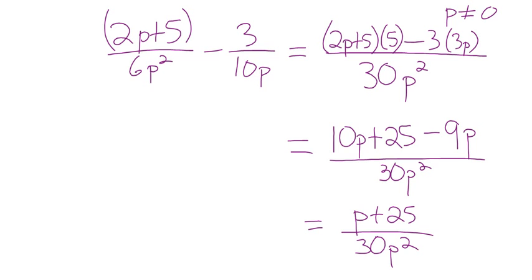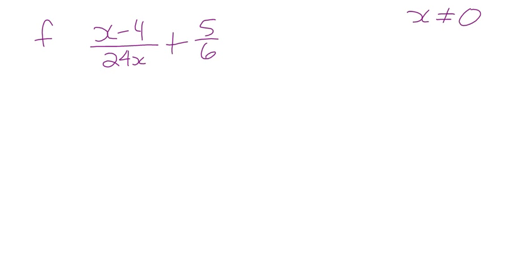One more of this, then we'll go to binomial denominators. x minus 4 over 24x plus 5/6. x can't be 0, right? Monomial denominator, just the variable can't be 0.